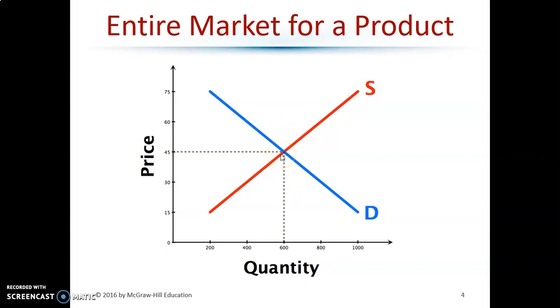So we know this picture well. This is the market supply and demand curve. This supply curve is every firm added up, and this is the demand for every single consumer, whether they're in the market, like these guys here, or they're not in the market, like consumers on this part of the demand curve. This is the market supply and demand curve.